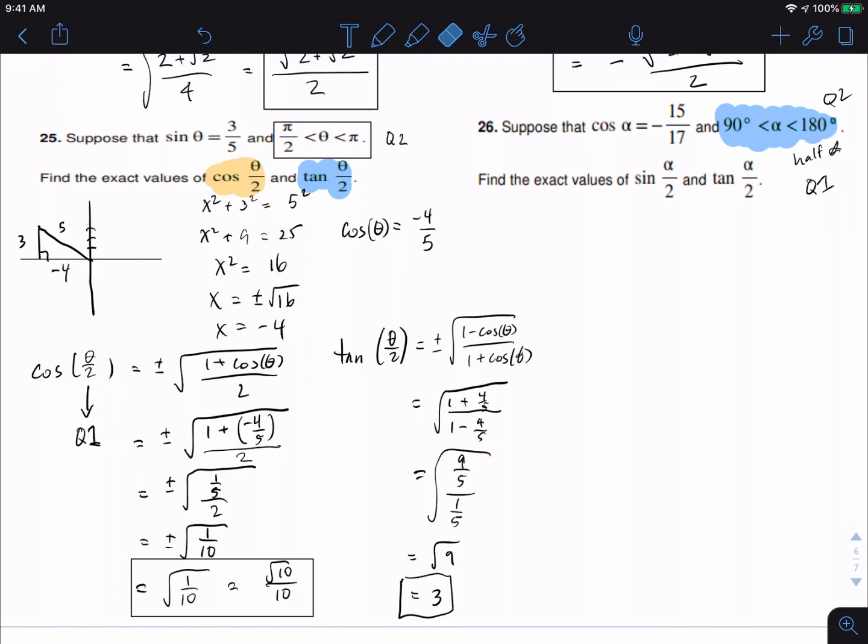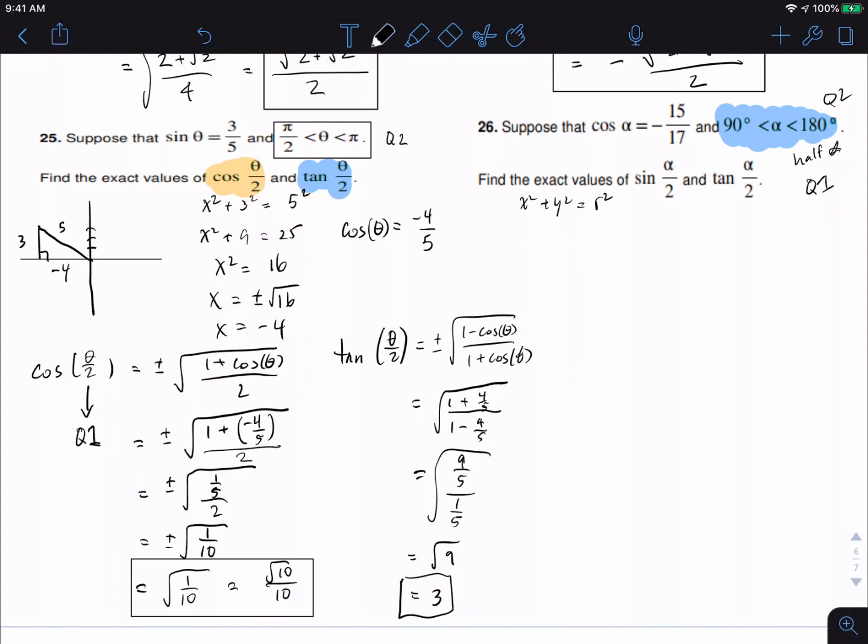And so cosine is x over r, so then x squared plus y squared equal to r squared. I messed up.